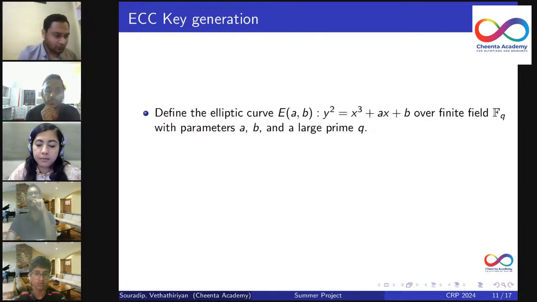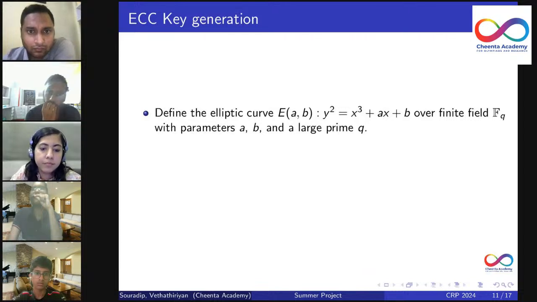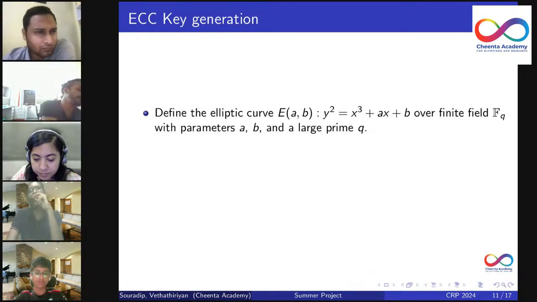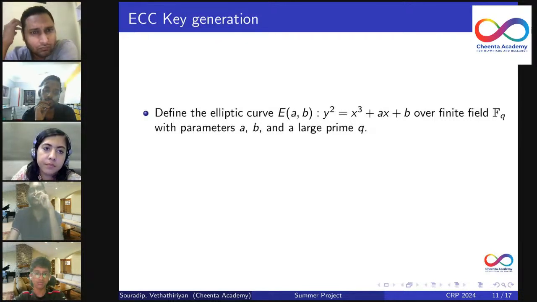We define this finite field to be where it is defined on two binary operations, addition and multiplication, over the rationals, and the size of the finite field is taken as q cubed, where q is a very large prime number.